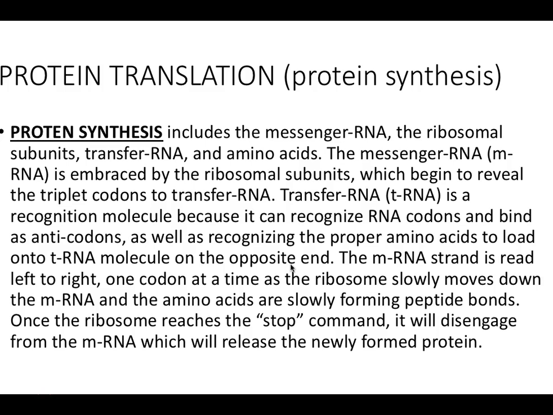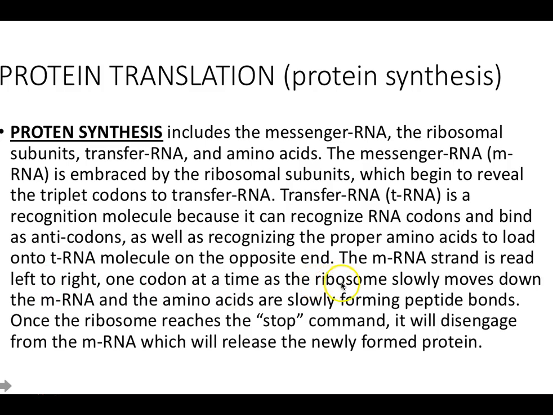There you go. Now, the messenger RNA is read left to right, three at a time. And each of those three is called a codon because it's going to represent one amino acid.